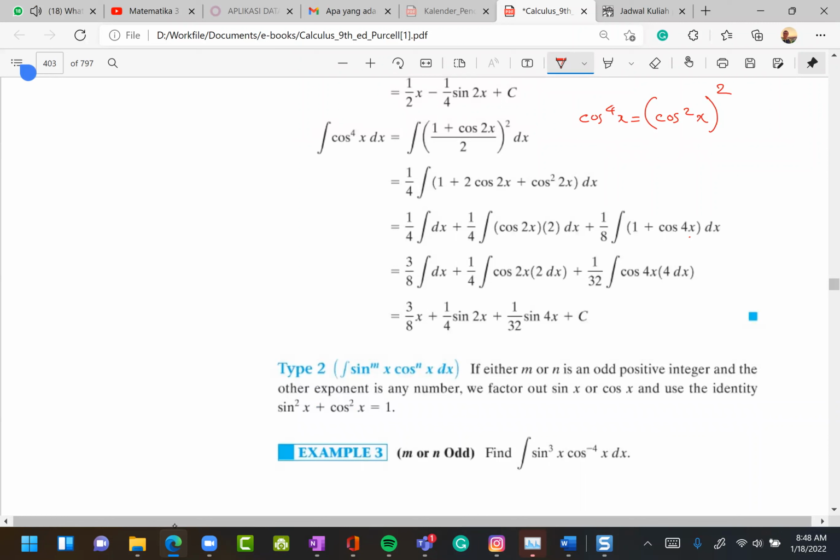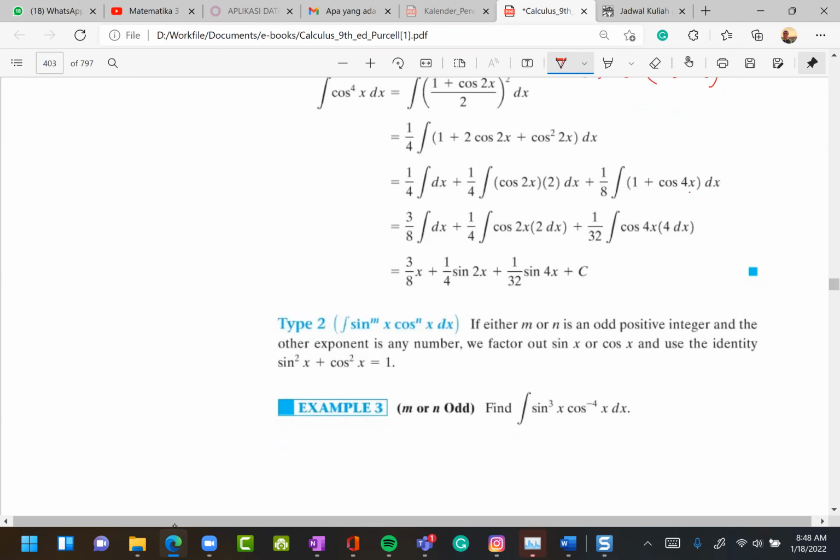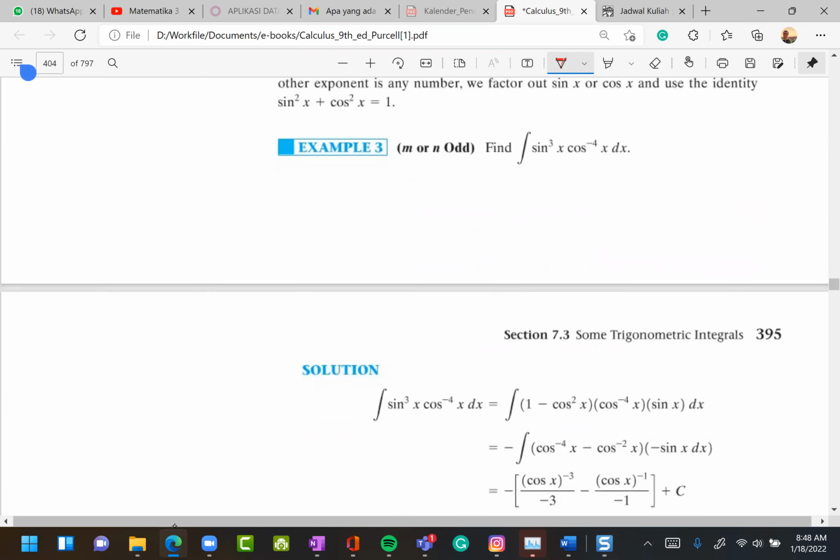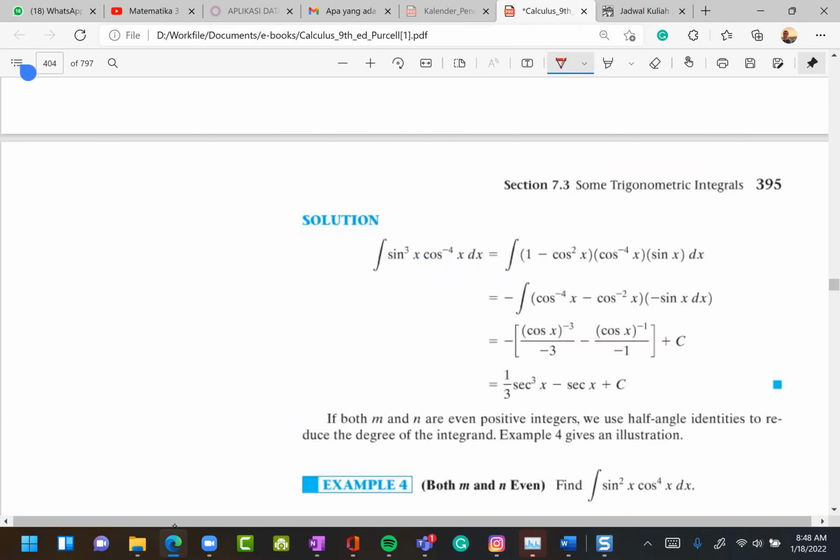Okay, so the type 2. This is a product of sine power m and cosine power n. One of these is odd. You split this 3 into 2 plus 1, so put 1 here.